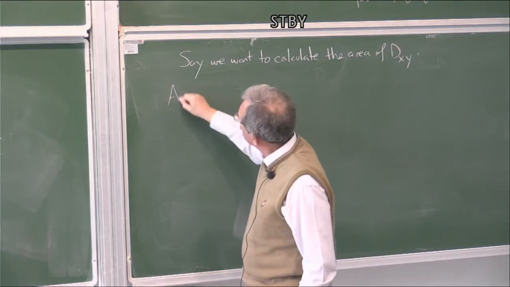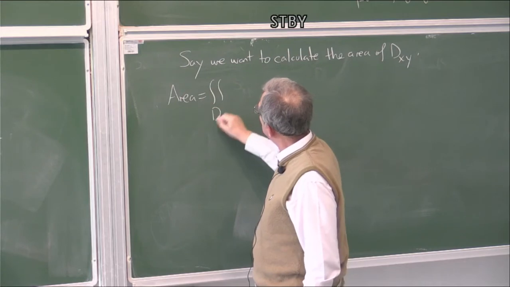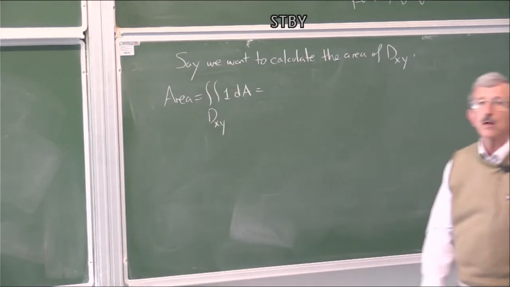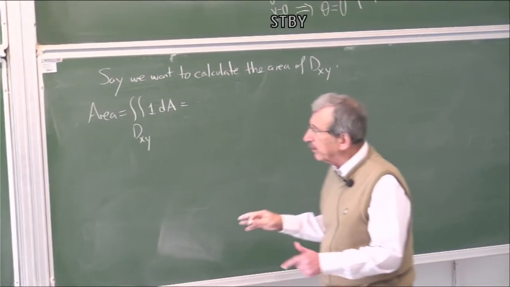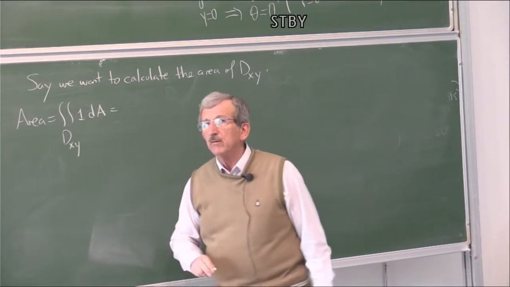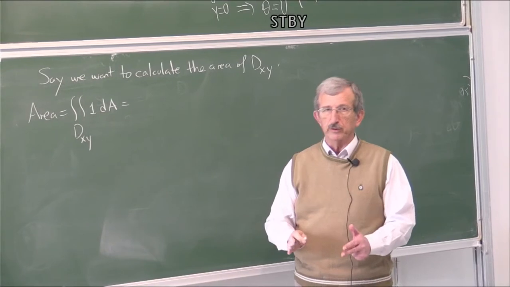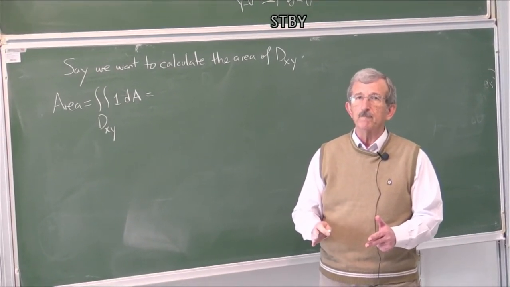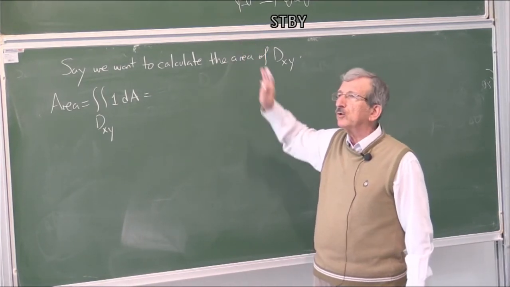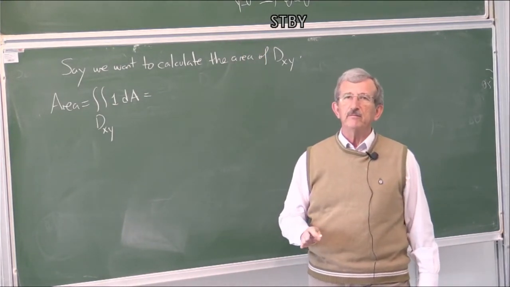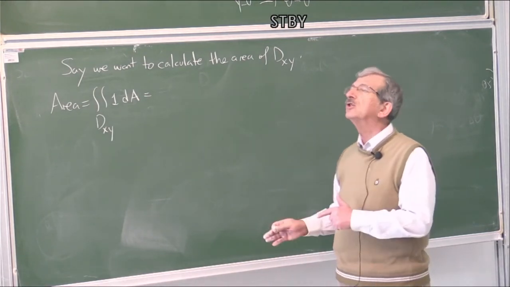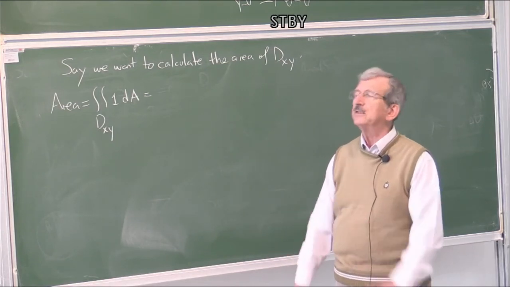So, area would be the integral of 1 dA. A word of warning, area is defined as the double integral of 1 only for Cartesian coordinates. By putting 1 in a new system, you don't get the area. You get a different thing, actually, because areas are not preserved when you change variables. We will discuss these later.